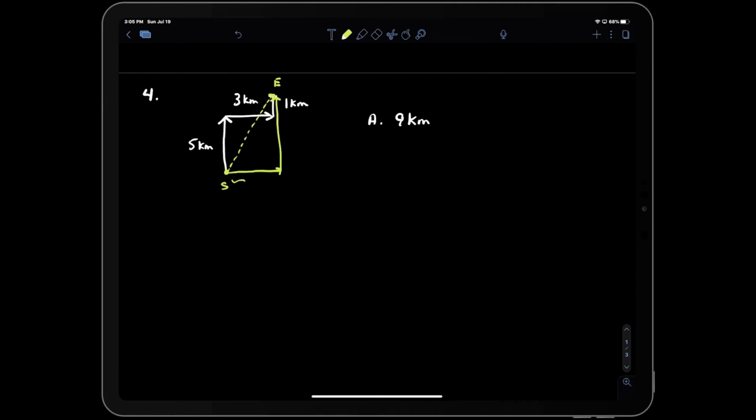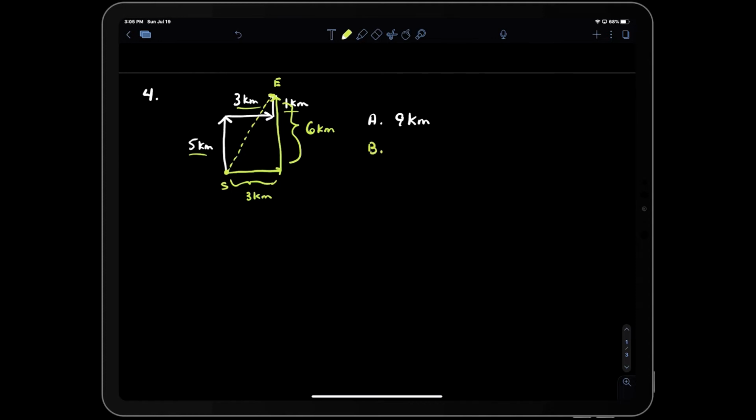I know that this side right here, we'll do that a little better here. There we go. So I know that that side is 3 kilometers because that's the parallel side to it. And then I know this side right here, we had the 5 here, and we have the 1 there, so that whole side is 6 kilometers here.